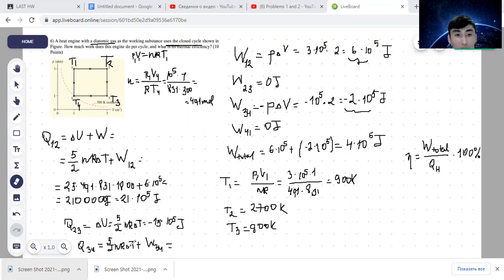All these values are also given here. T4 minus T3, right? 300 minus 900, so delta T will be minus 600. Work 3, 4 is also given. So let's write the result of calculation. Here it will be minus 7 times 10 to the power of 5 joule.